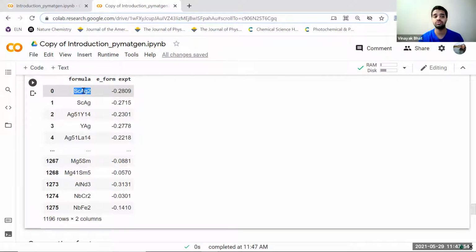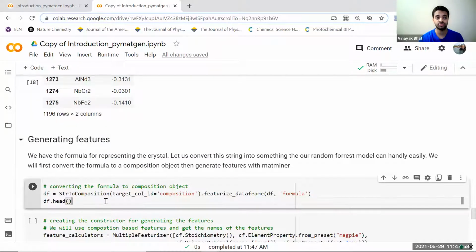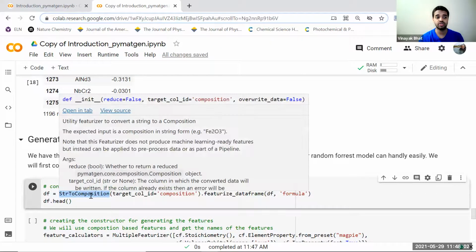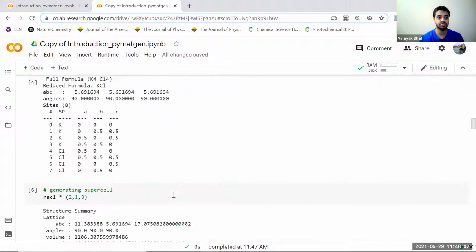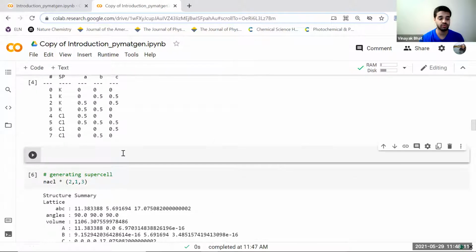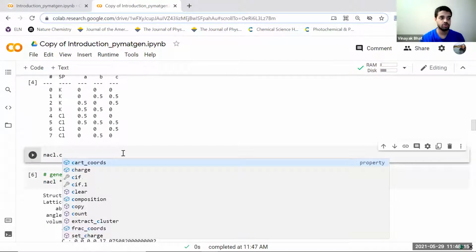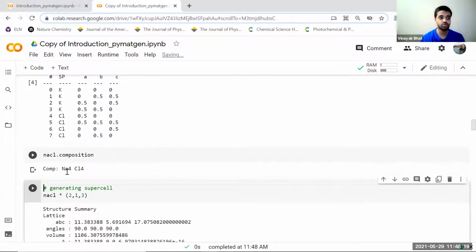So first of all, this is a text. Let's convert it into something more useful, and it is called a composition object. The way to do it is string to composition. And composition, if you remember, is one of the things that you can see even here. So if you would do NaCl dot composition, it would give there are 4 Na and 4 Cl.